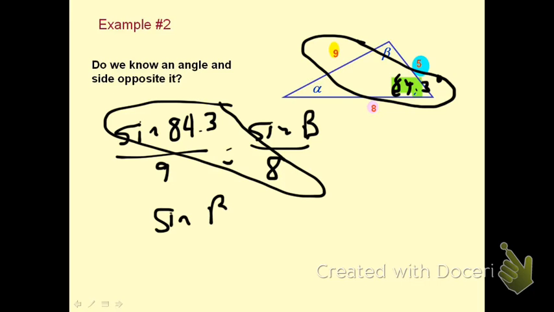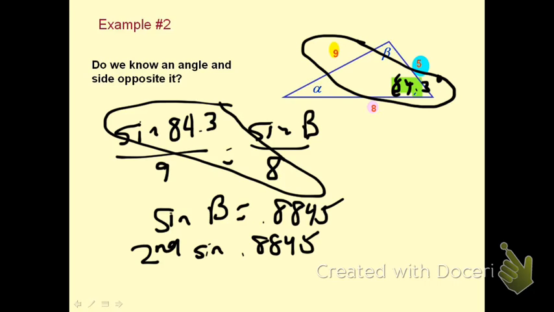So sine b equals 0.8845. Now if I go second sine 0.8845, I get 62.2 degrees.